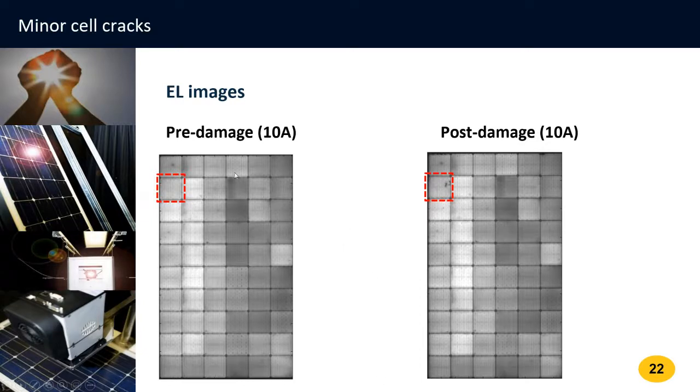However, the decrease in power after this exposure, or this attempt at inducing PID, did not substantially decrease the power of the module. It was only approximately 2%, which is within the uncertainty of our solar simulator. So it wasn't degrading, at least in a substantial or significant manner.